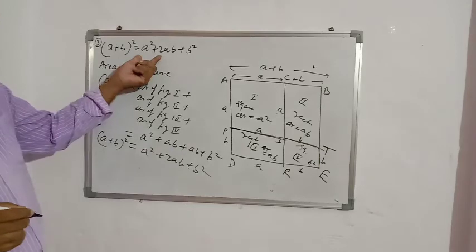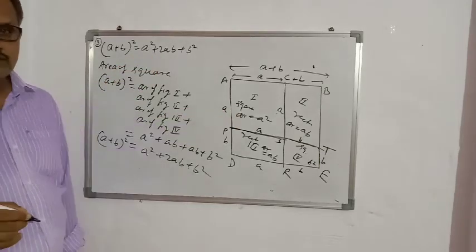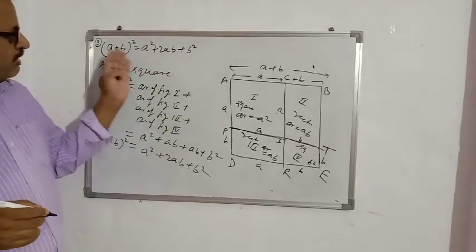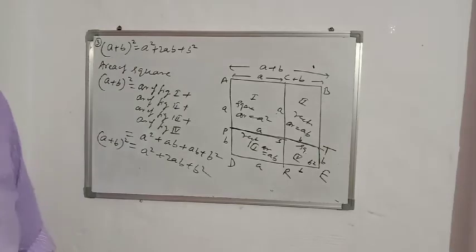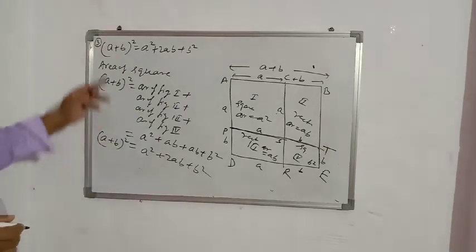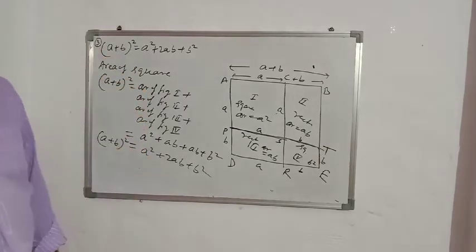We have proved this identity geometrically. So it is the geometrical proof of A plus B whole square. Now we will see how we can prove A plus B plus C whole square.